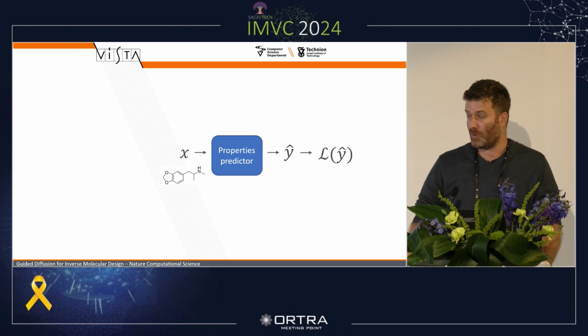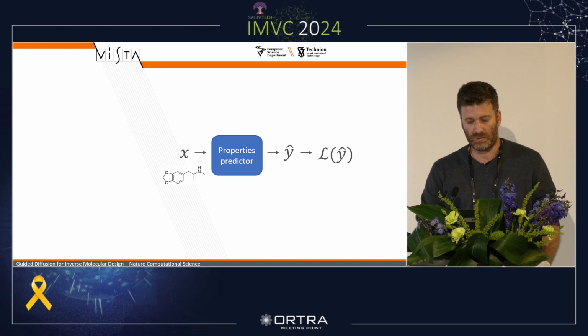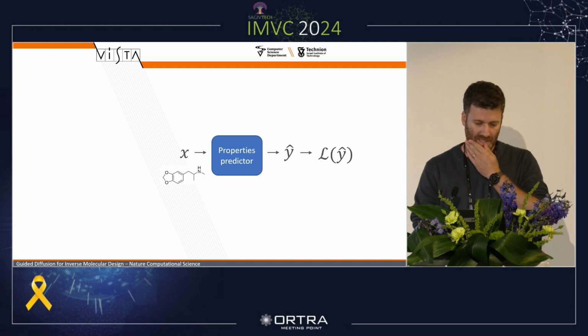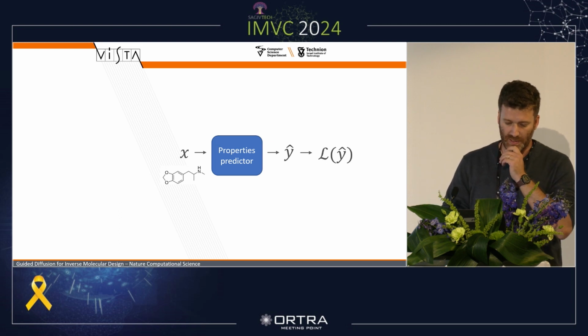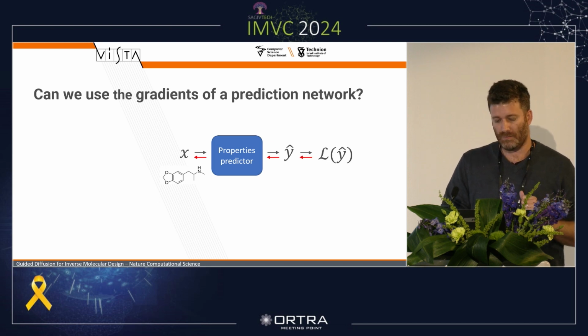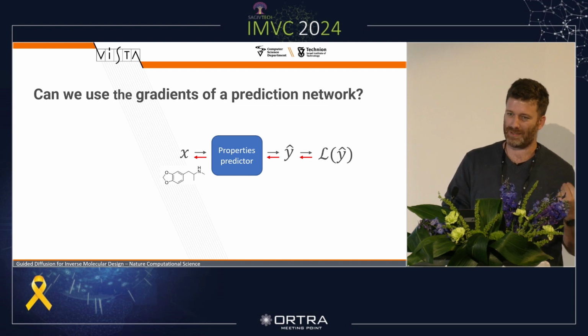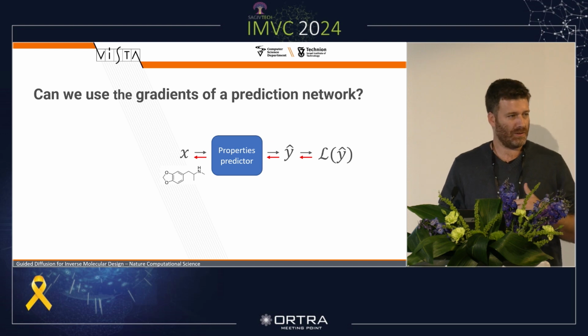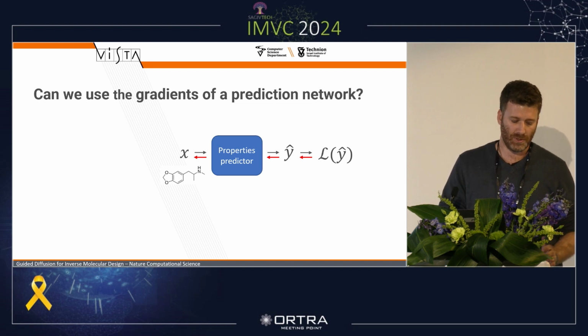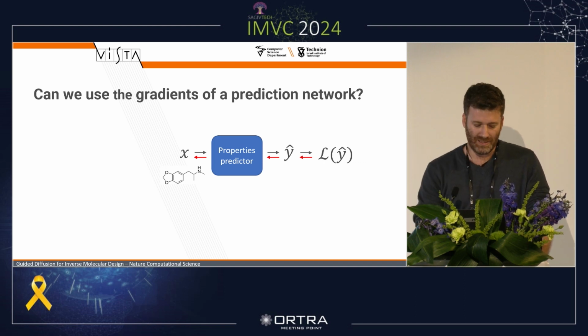So let's say we already have a pre-trained properties predictor, which given a molecule as an input, gives us the prediction of the properties. And we can calculate loss on that, right? According to the targets that we want to arrive at. And I guess you already know that I want to propagate the gradients even back to the input, but I can't really change X, the molecule, because molecules are of a discrete nature. I can't move one atom, it won't be a valid molecule anymore.